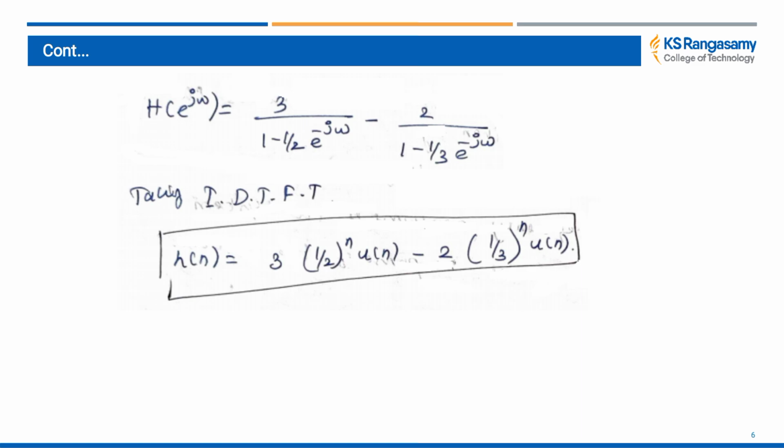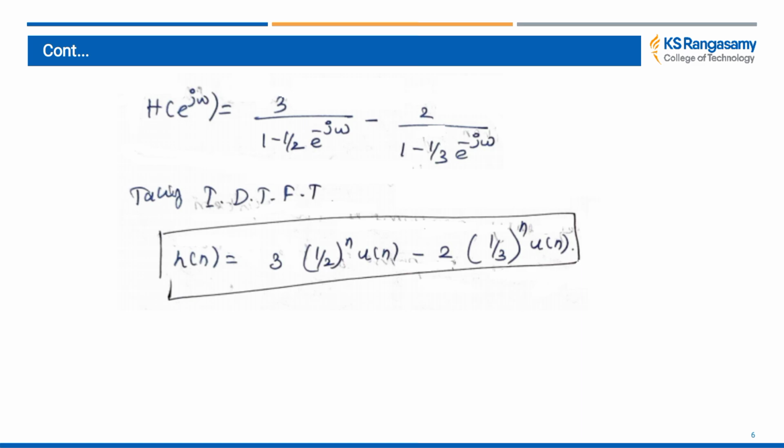Taking the inverse Fourier transform of these terms, they are related to the generic equation: the coefficient divided by 1 minus a e power minus j omega gives the coefficient times a power n u of n. Equating with that term, instead of a we have 1 by 2.